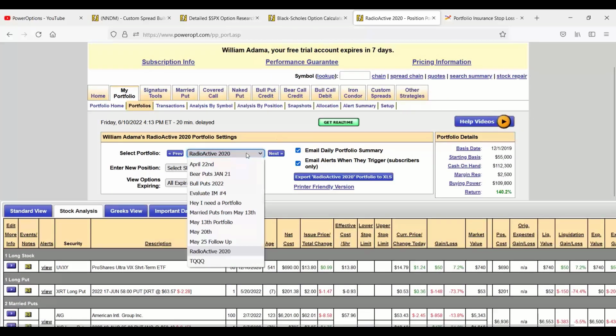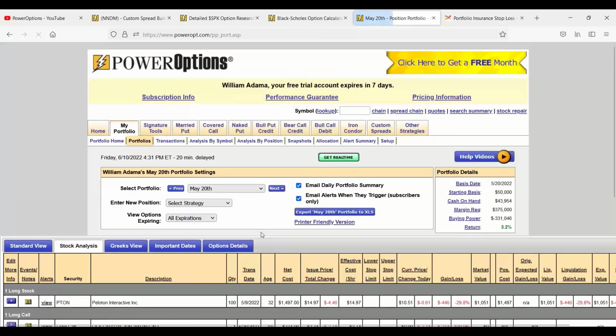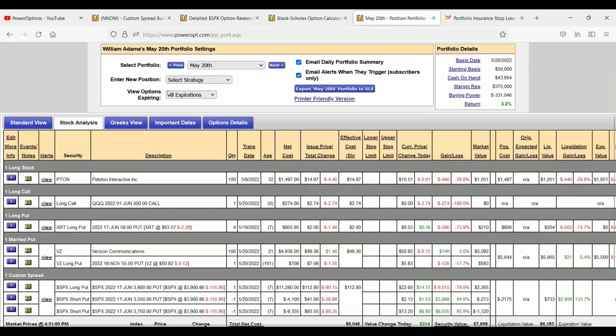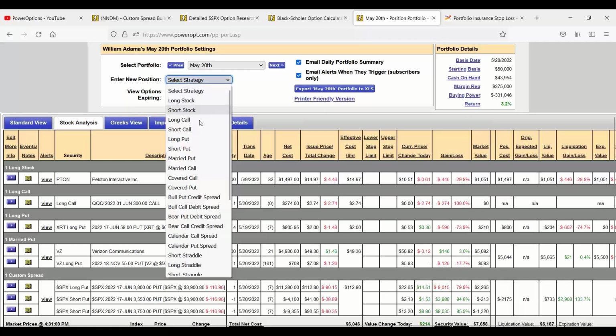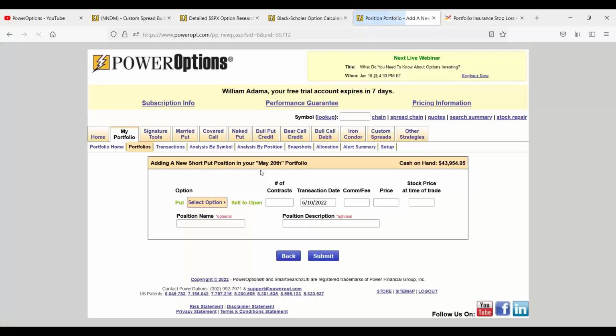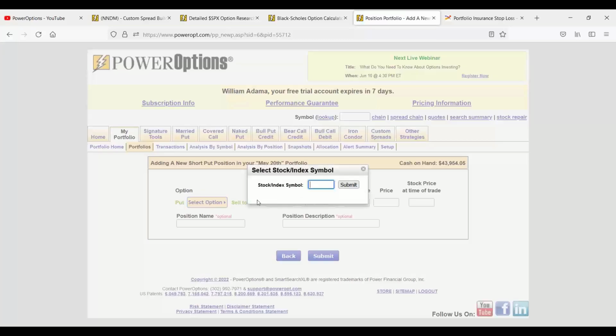So let's go ahead, it doesn't matter which portfolio we do. Let's just go into May 20th. And okay, let's go ahead and naked put. Oh, sorry, short put. My apologies. NNDM.